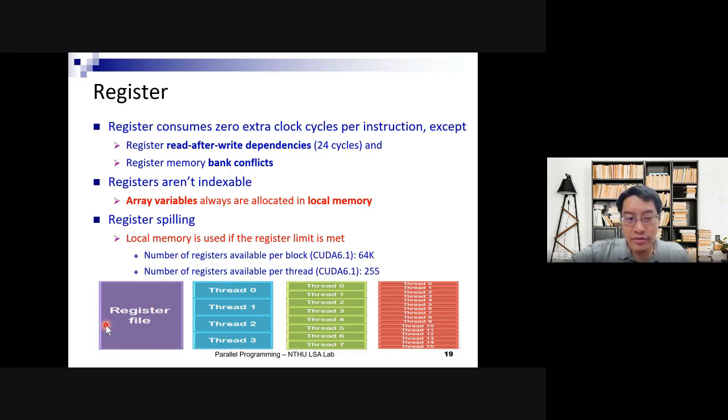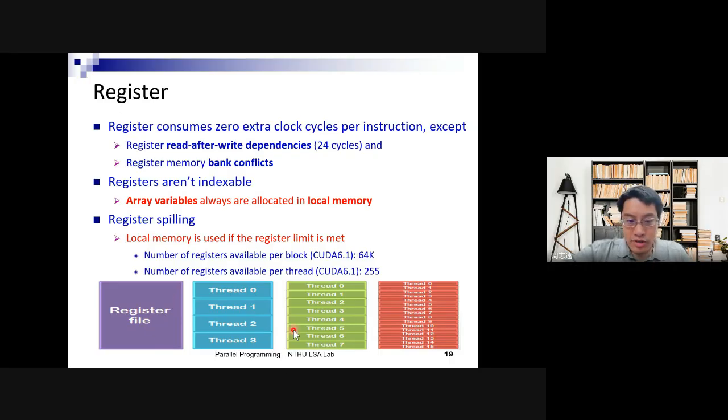Then some of the local variables will be spilled out to the local memory, and you will suffer from slower memory access time. And as we know, for most GPU programs, the performance bottleneck is the memory access time, not the computing time. So if you keep increasing your parallelism, you might save computation time, but you suffer from even worse memory access time. So at the end, maybe your execution time is increased, not decreased.